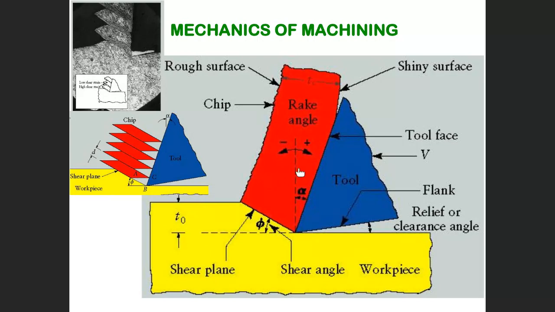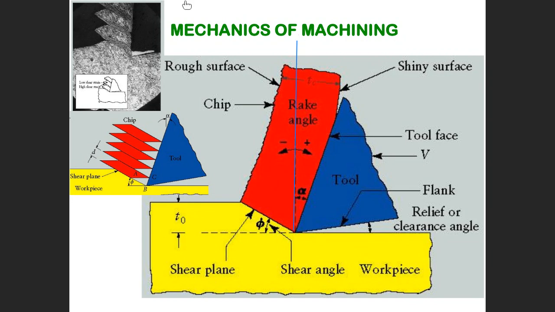Okay, there is some important terminology. Please give me your attention, guys, because this is really very important. This is the rake angle with the vertical line. Can you see that? This is a vertical line. This is the rake angle, the tool angle, alpha.